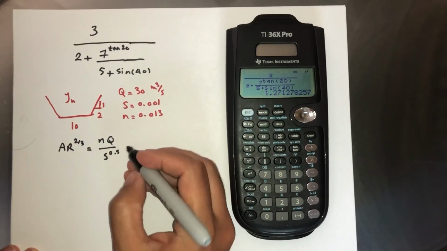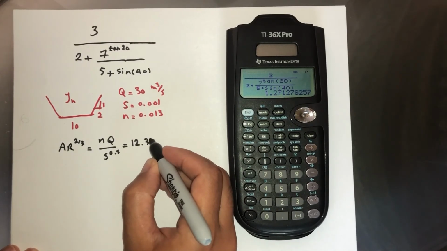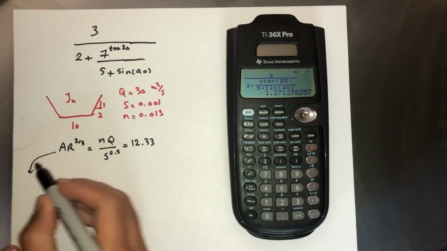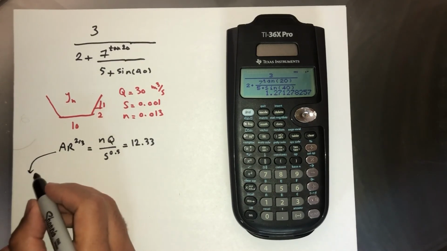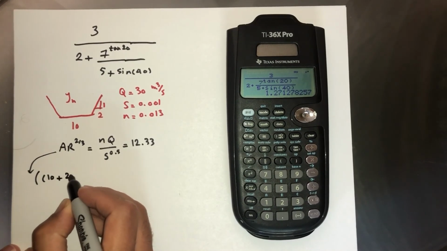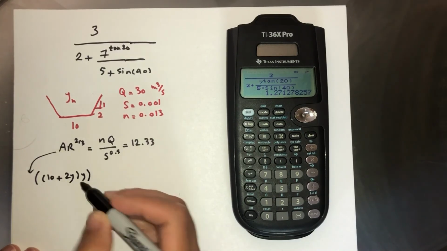So if we do this for this problem, it's going to be 12.33. And I skipped the basic calculations because I want to show you how to solve an implicit equation using this calculator. So now setting this left side, we have 10 plus 2y as the area times y.